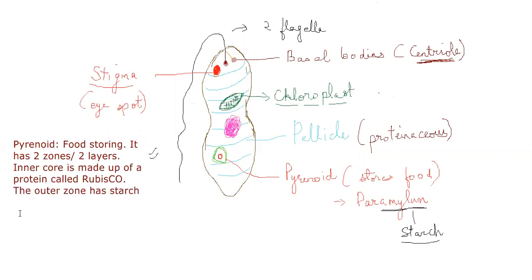Now, what is rubisco? Rubisco is the enzyme which is very, very important in photosynthesis.